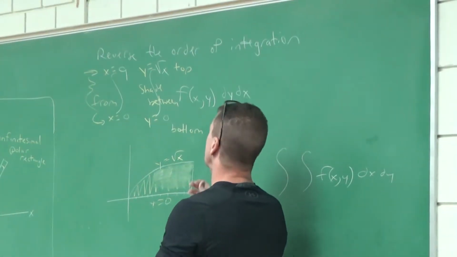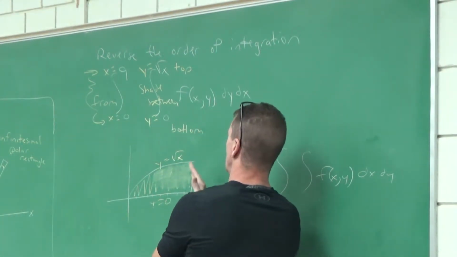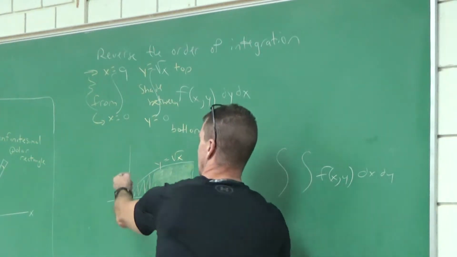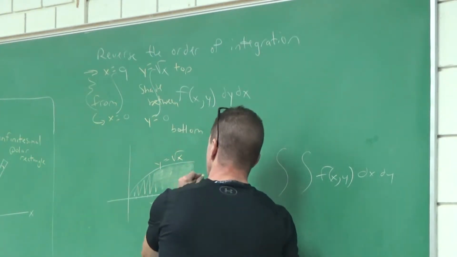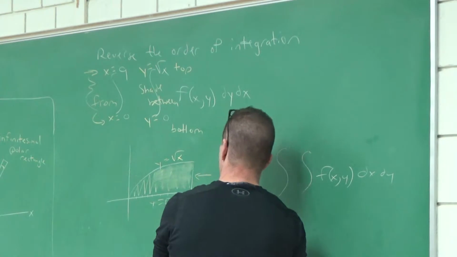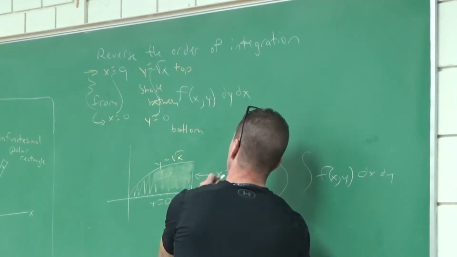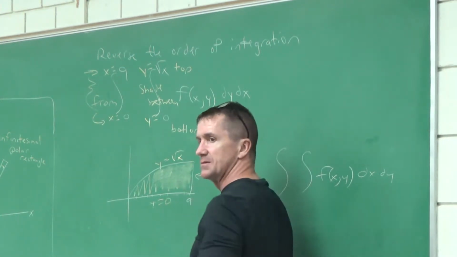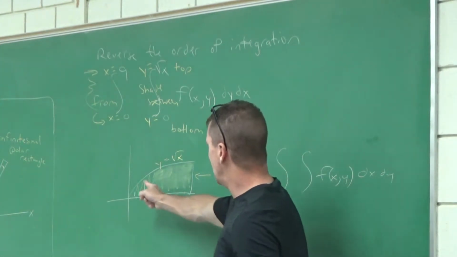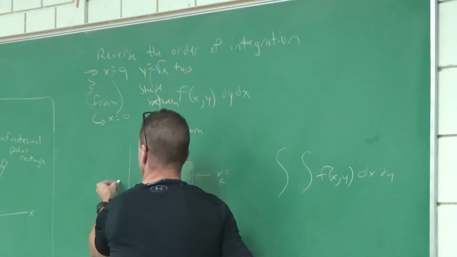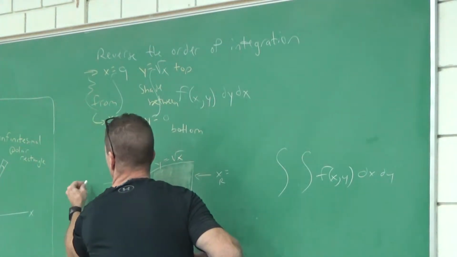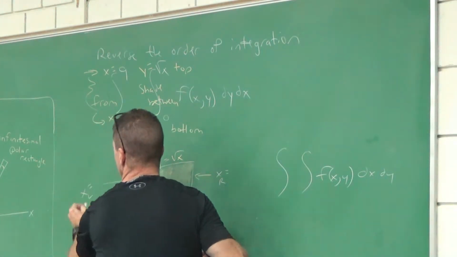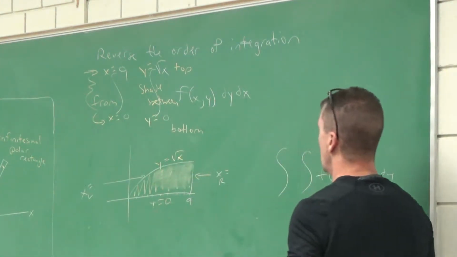We can just think, who's my right-hand side and who's my left-hand side? So the curve on the right is going to be your x equal to some right-hand side, and that curve right there is going to be your equation x equal to some left-hand side equation.